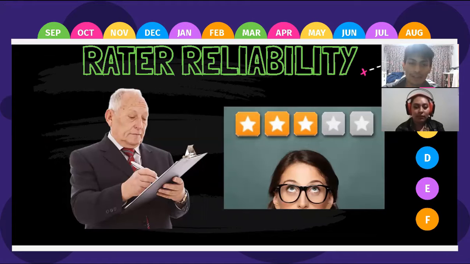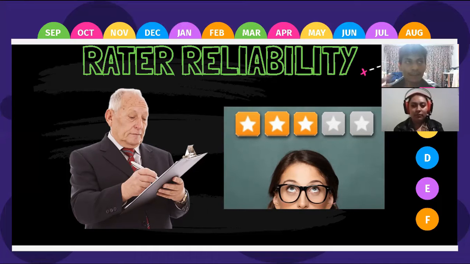Now let's talk about reliability. Reliability is divided into, the first one, rater reliability. Rater reliability makes reference to those activities and assessment tools in which you as a teacher need to grade your students, in which there won't be a standard, in which most of the times you won't have a rubric.